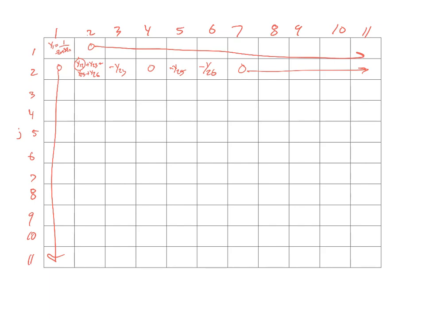So this is an instance where you don't have a truly symmetrical matrix, but if you recognize the fact that Y12 actually goes to ground, you do see that you have a symmetric matrix because you've got the Y23, 25, and 26. So I've got 23, 25, minus Y26, and then zeros for the remainder of the way.